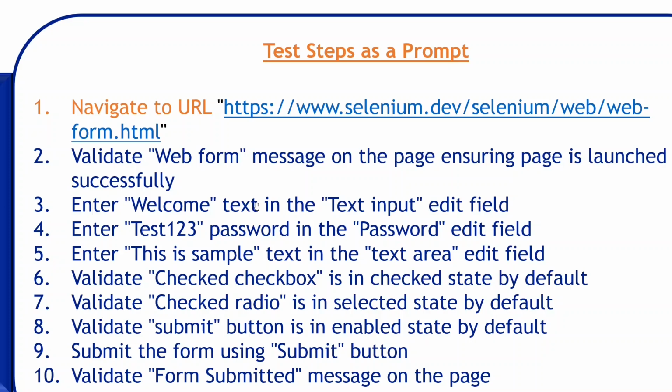Then, in the edit field, enter a welcome and test 123 in your password field and sample text, and so on. Validate that the checkbox is in checked state by default, and validate that the checked radio is selected by default. Submit the form using the submit button, then validate the form submitted message on the page.